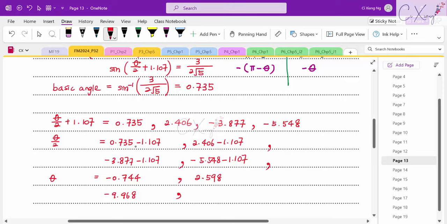And lastly, negative 5.548 minus 1.107, then times 2. So the answer that I get is negative 13.31.